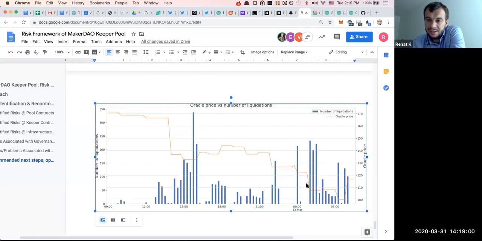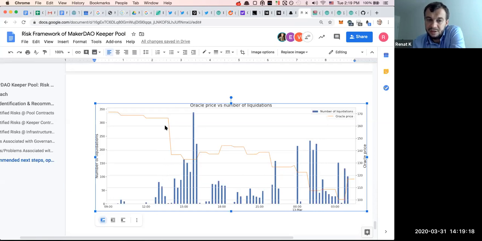And we can see here that the Oracle price is extremely rigid, right? It's not very smooth. And you can see that liquidations were happening as soon as the price dropped, but there were no liquidations right here in this period, right?